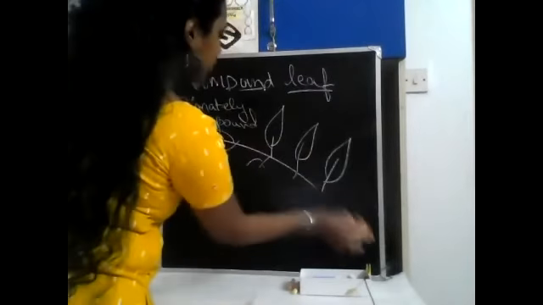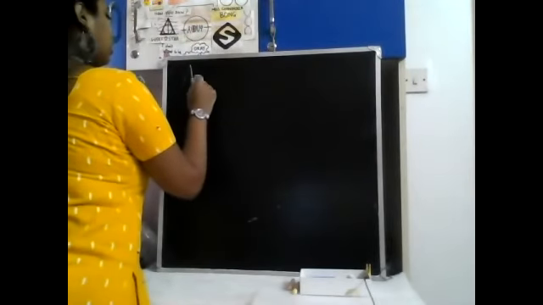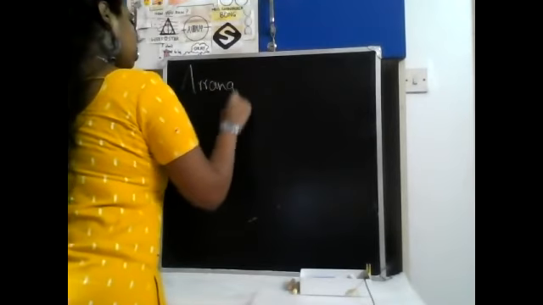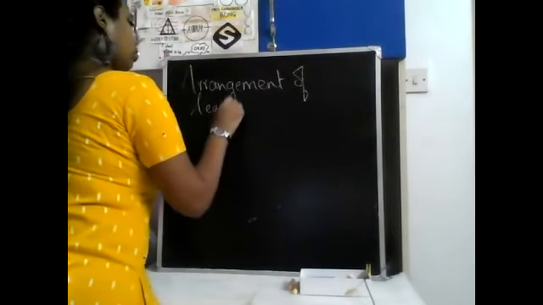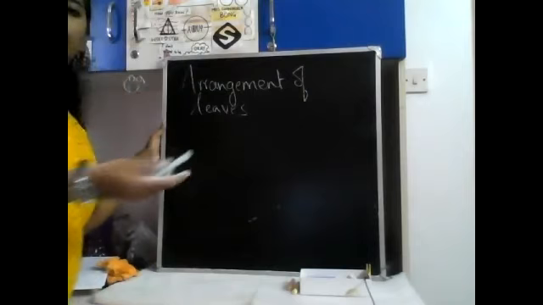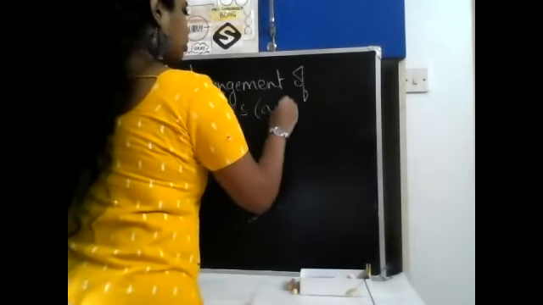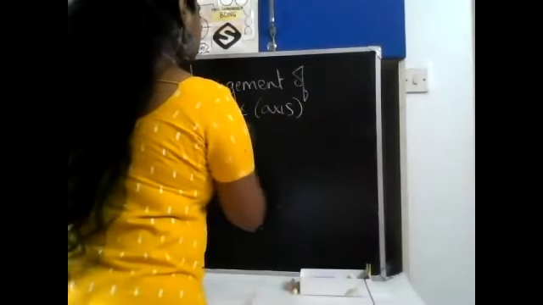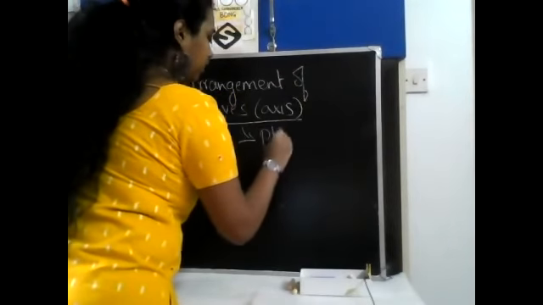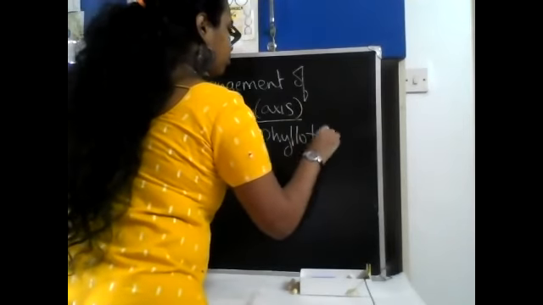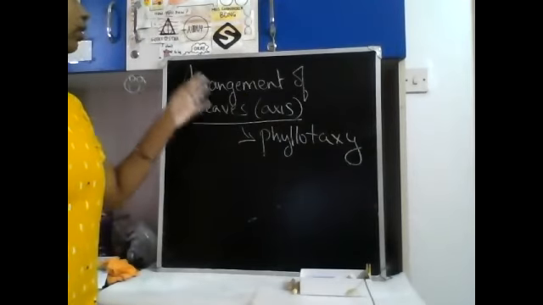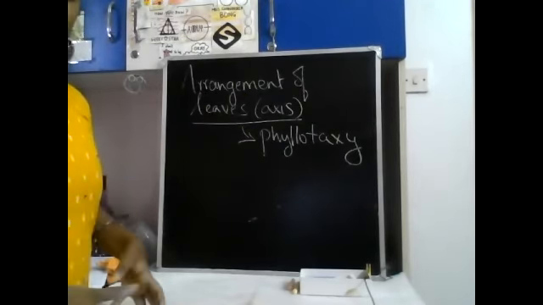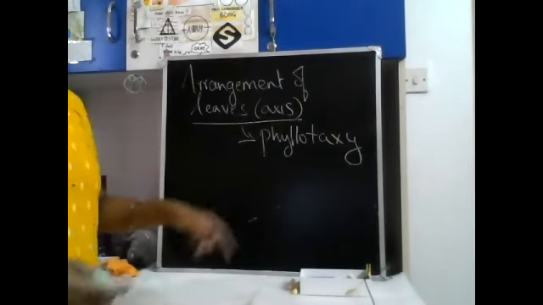Okay, based on this arrangement of leaves around the axis, arrangement of leaves on a branch or around an axis is known as phyllotaxy. Depending on the different arrangements of leaves in plants, we will identify and classify plants.